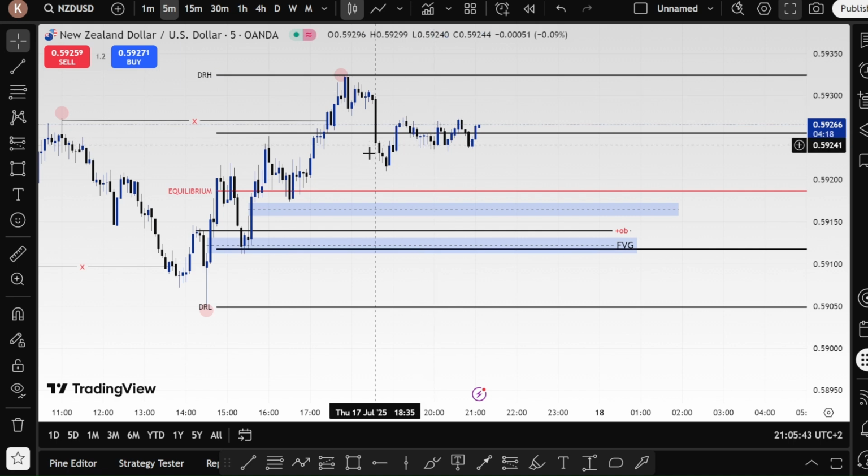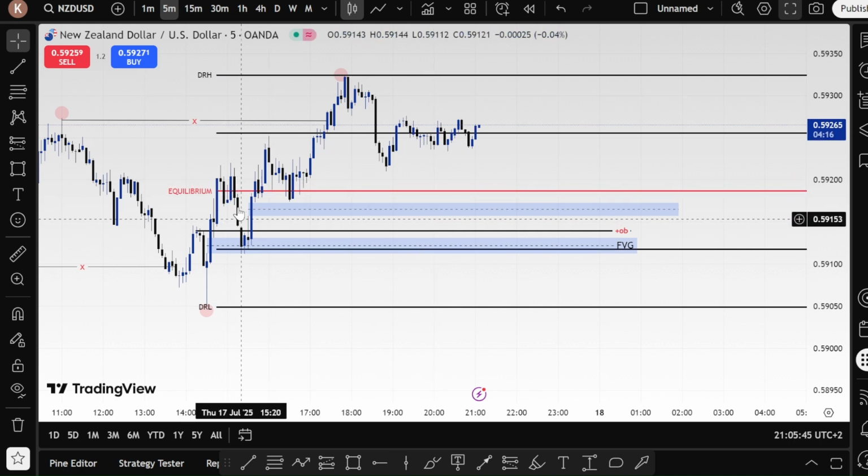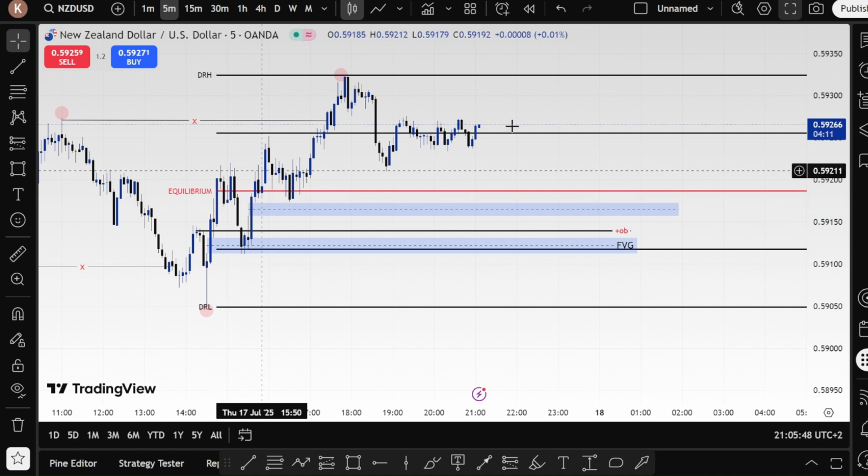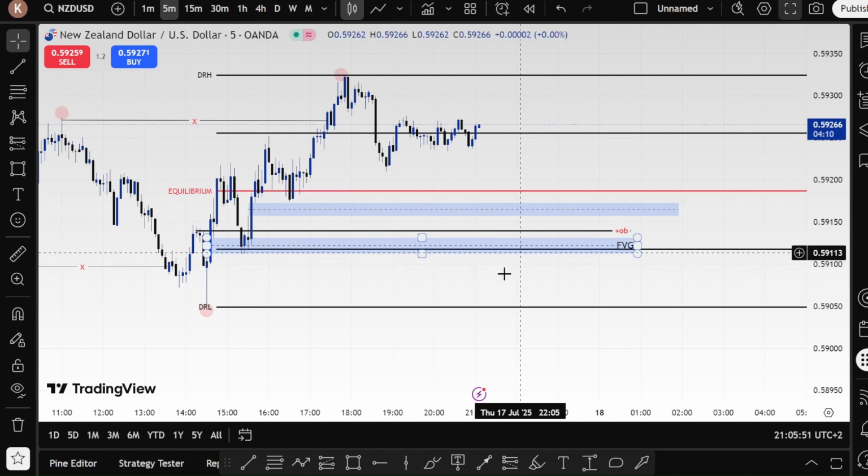So I'll basically take this as my higher time frame order block, then as an entry model. But because I look for my entry model in the discount level, I only focus on the discount level. That's it.